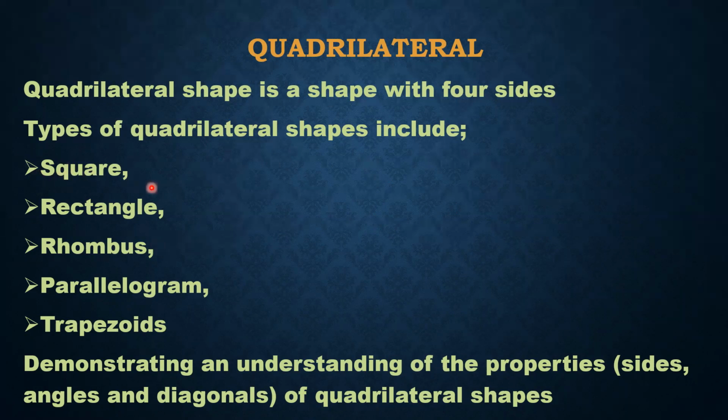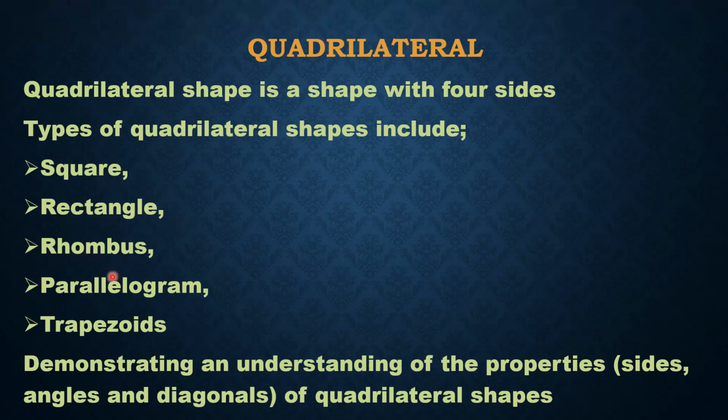Now let's see the types of quadrilateral shapes. We have square. A square has 4 sides. We have a rectangle. A rectangle also has what? 4 sides. And then rhombus, parallelogram, trapezoid or trapezium. These are the quadrilaterals that we are going to discuss.